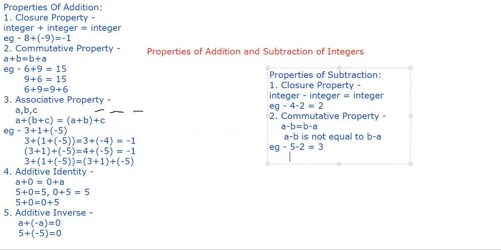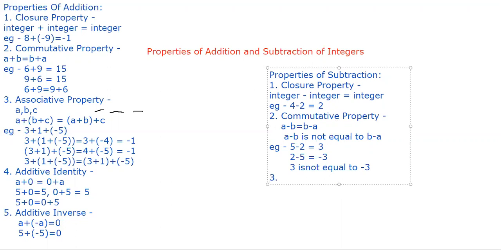Now if I write a minus b is equal to b minus a, and I write 2 minus 5, this is completely wrong. Why? Because 2 minus 5 is equal to minus 3. I hope you understand. So 3 is not equal to minus 3. So now I have proved that the commutative property does not apply in subtraction.